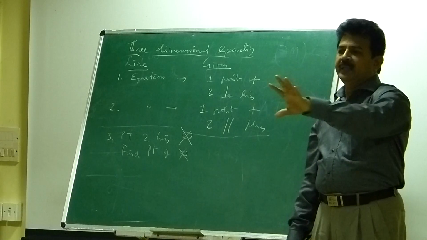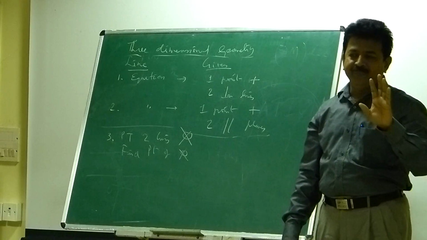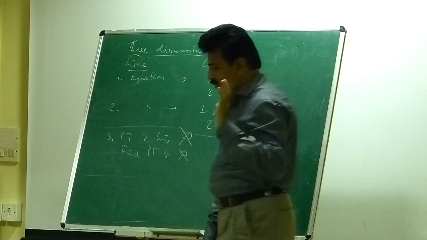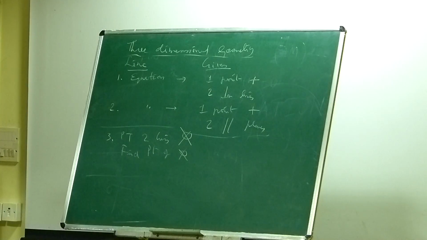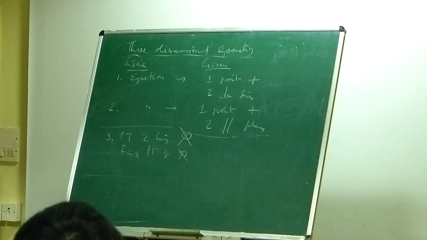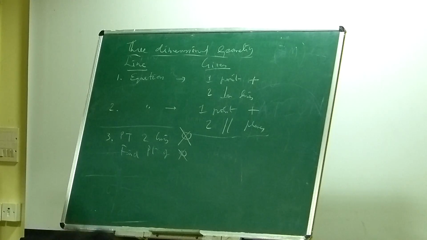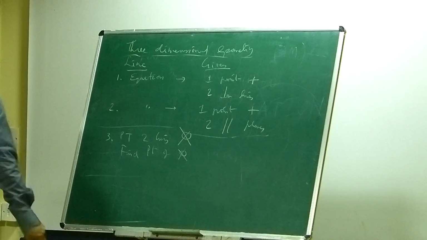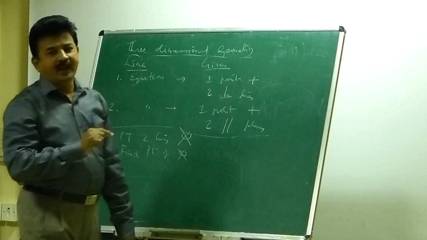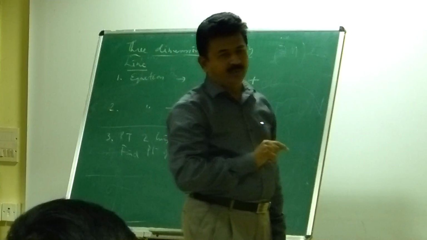Students generally immediately write, sir, line 1 is r equal to a1 plus lambda b1, line 2 is a2 plus mu b2, then a2 minus a1, and start to prove the scalar triple product of a2 minus a1, b1, b2 is equal to 0.